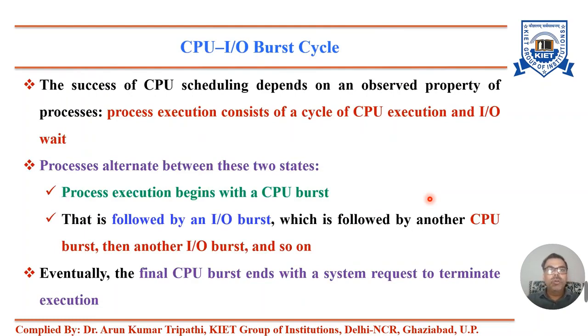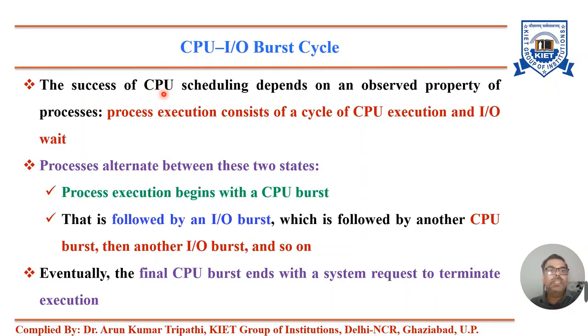CPU IO burst cycle means there are two types of process. When a process is executing on the CPU or spending more time on the CPU, it is known as the CPU burst, and if a process spends more time with input output, then it is known as the IO burst.